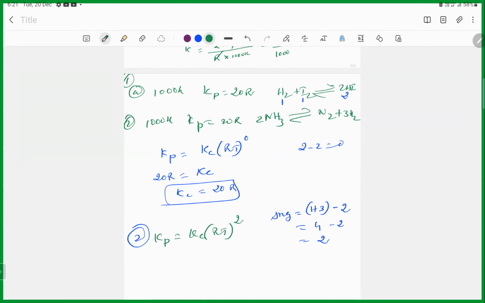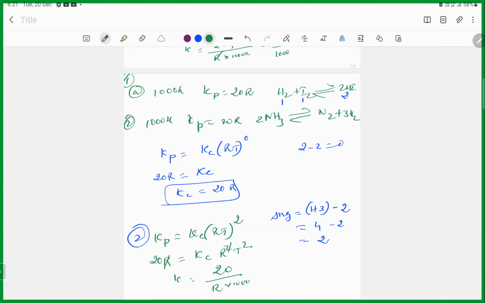Correct? Kp is equal to 20R and then Kc is equal to... R square and T square. So R cancel ஆயிடும். Then Kc is equal to 20 divided by R into 1000.